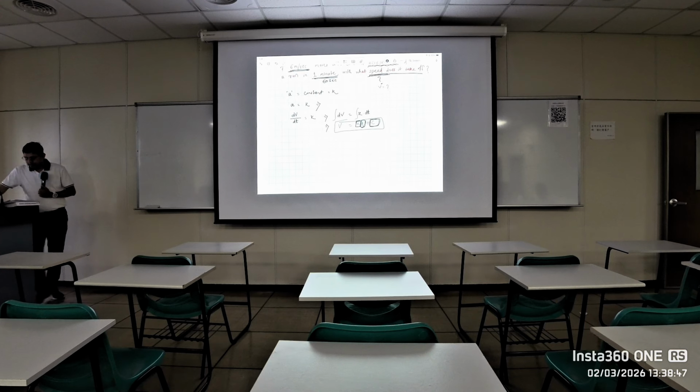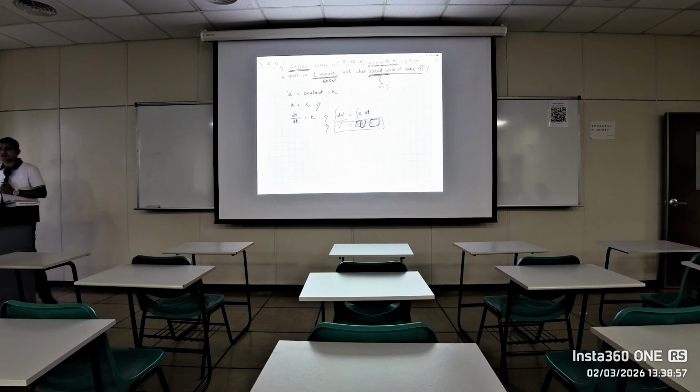We need to find out k, t and c. Then we can get the actual value of v, because here we are not looking for the general solution. We are expecting a particular value for the velocity. Right?